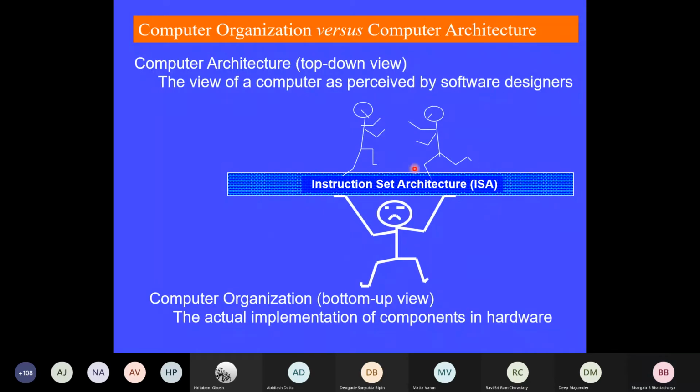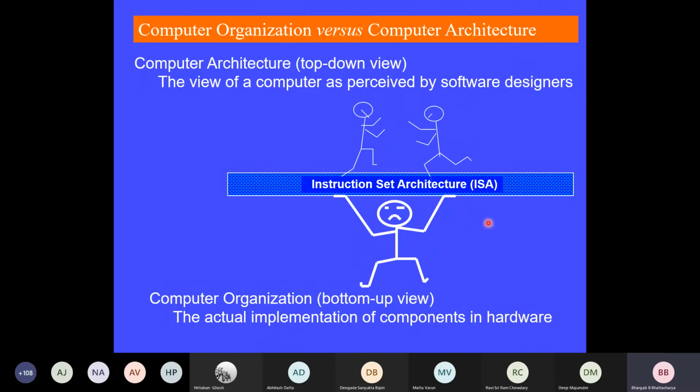So you are concerned with the instruction set architecture alone, that means the behavior of the machine as perceived by the software engineer. Computer architecture means this: the top-down view, the view of the computer system as perceived by software engineers.